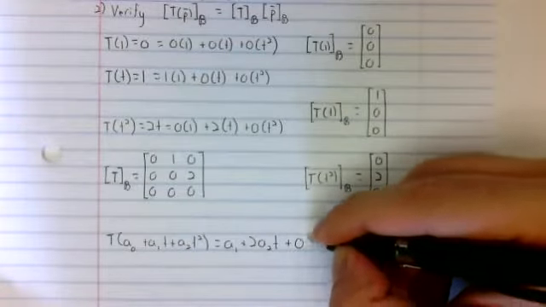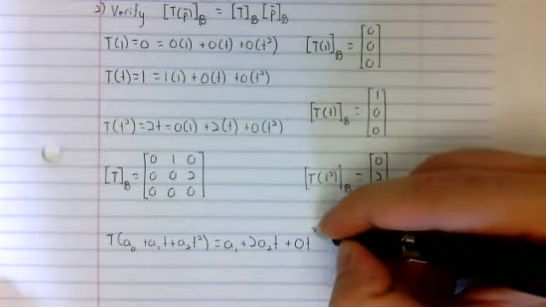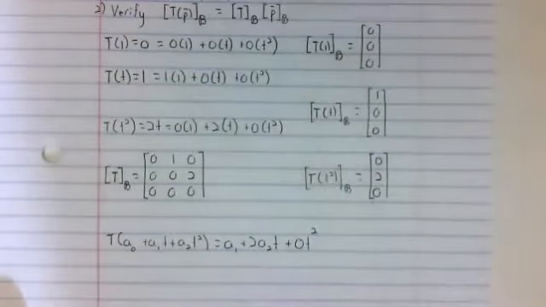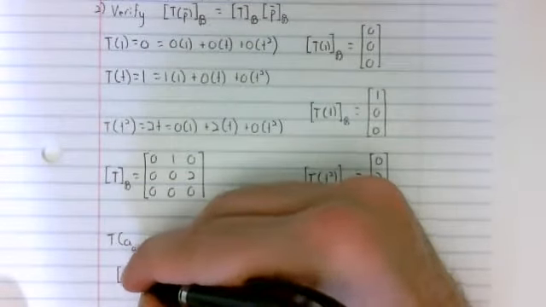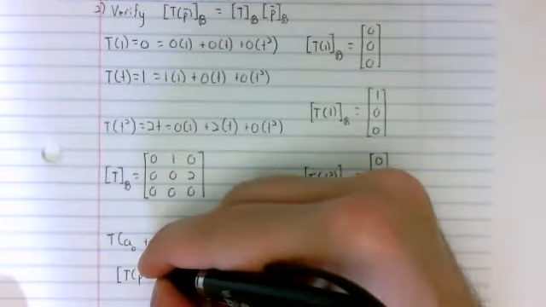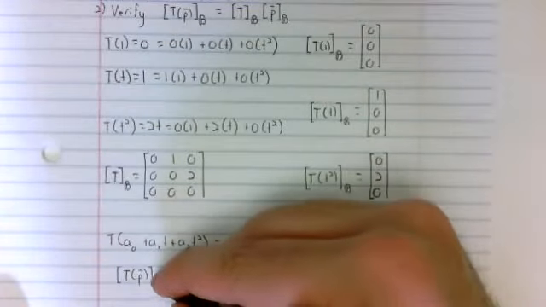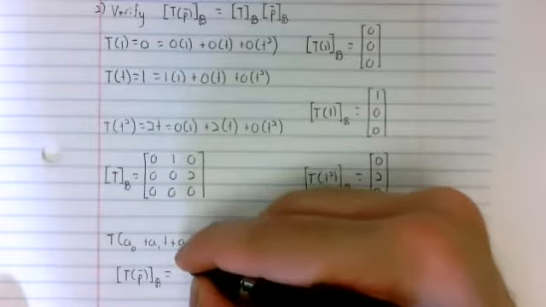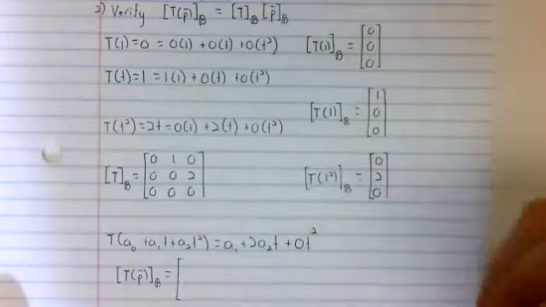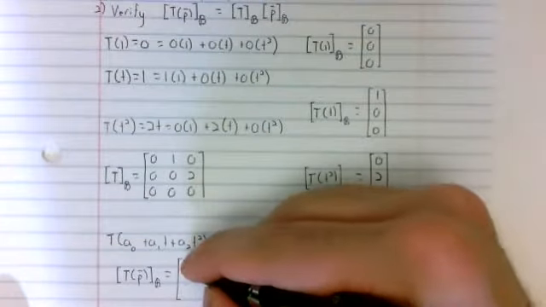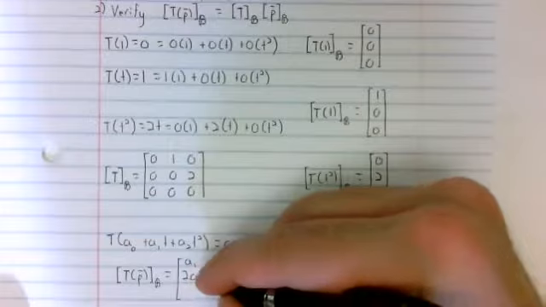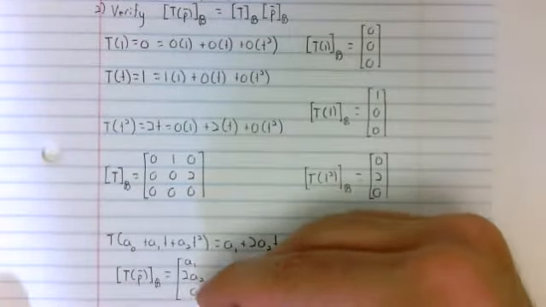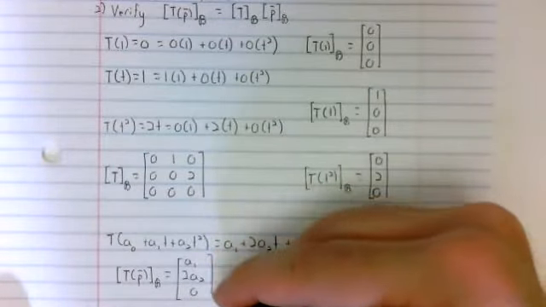And because we're going to want the coordinate vector, let's throw in that 0 t squared. So this image, expressed in terms of this basis, is a sub 1, 2 a sub 2, 0.